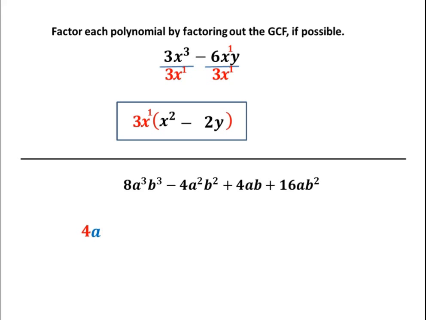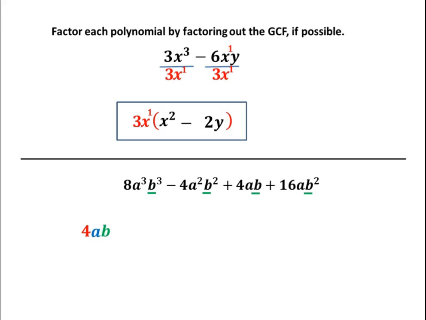And let's look at our b's. We have a b to the third, a b to the second, another b, and a b to the second. For all of our b's, the smallest power that appears is the first power. So our greatest common factor for our b's is b to the first.